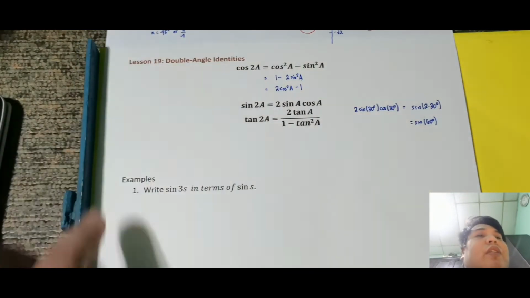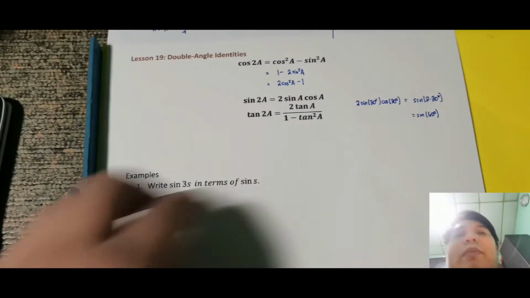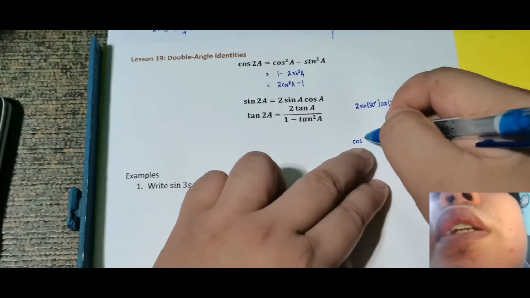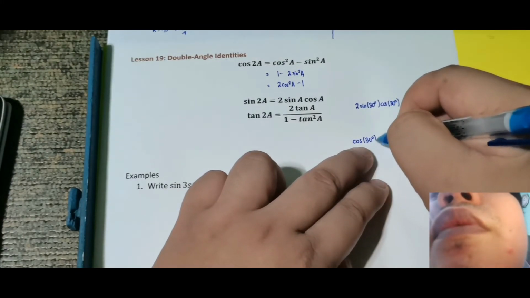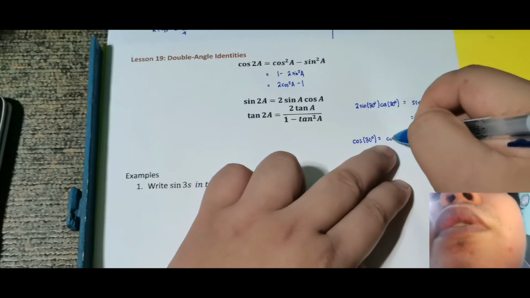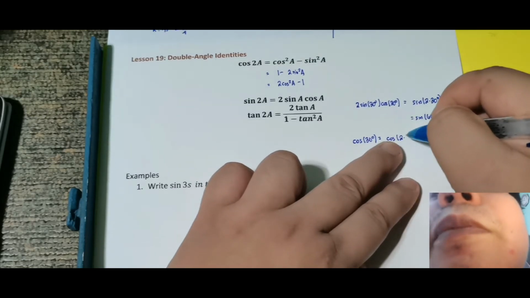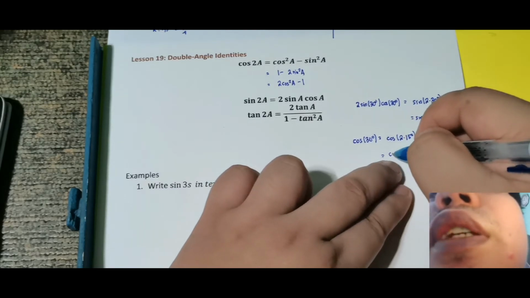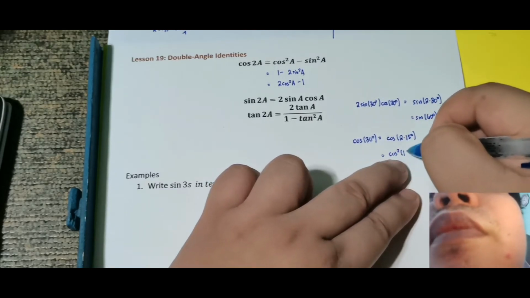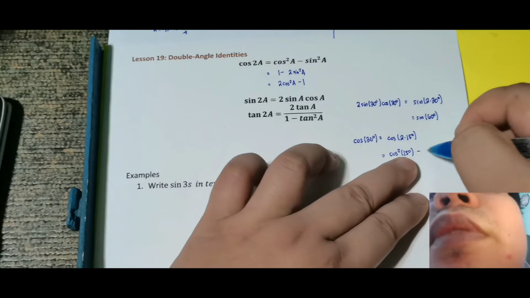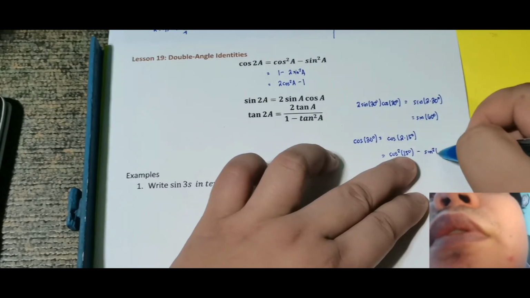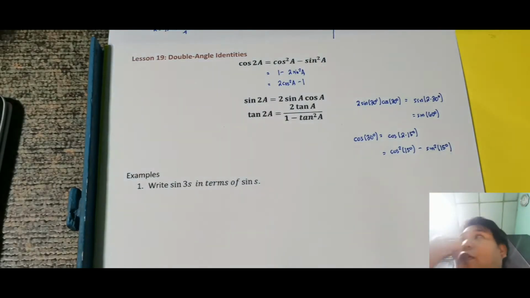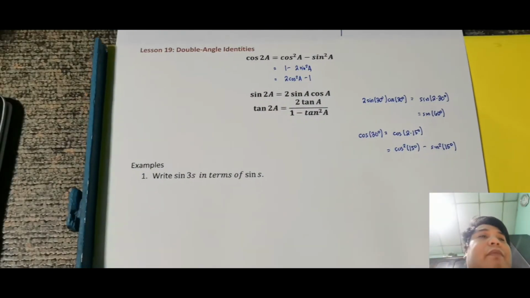Doon naman sa cosine 2a, kunyari meron akong cosine 30 degrees. So this is equivalent sa cosine ng 2 times 15 degrees. So application na nun, this is cosine squared 15 degrees minus sine squared 15 degrees. Okay, so yun yung mga equivalent na pwedeng gawin.